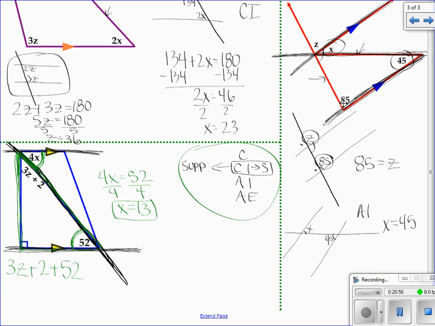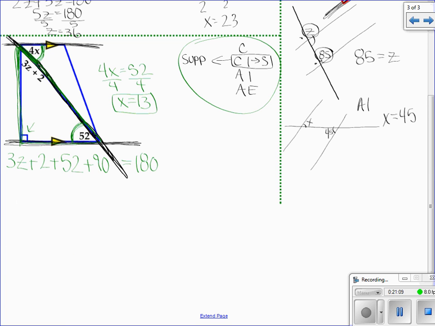This would equal 180. So let's combine like terms. What's the number there next to 3z? Get z by itself.